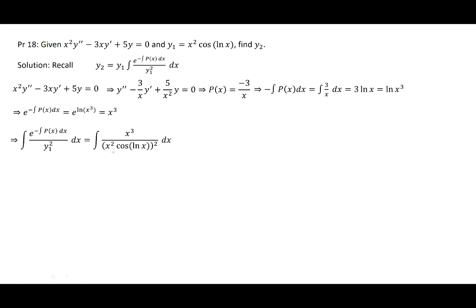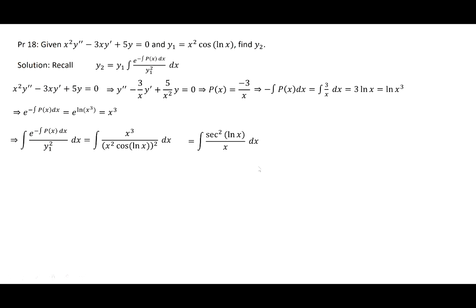Yep, x cubed over x to the 4 is 1 over x. In the denominator, do we have a cosine squared of natural log of x? Yep, 1 over cosine squared of natural log of x is secant squared of natural log of x. So secant squared of natural log of x over x.